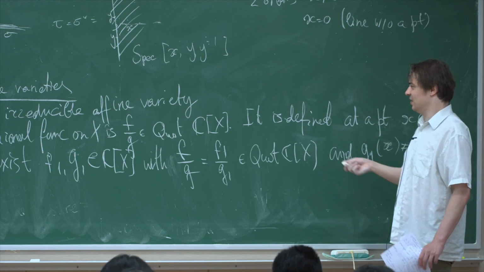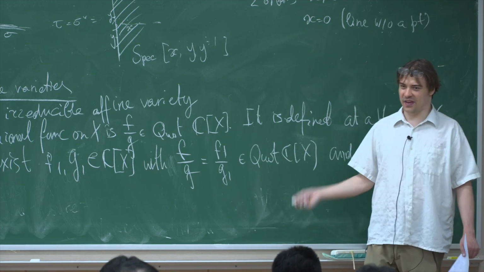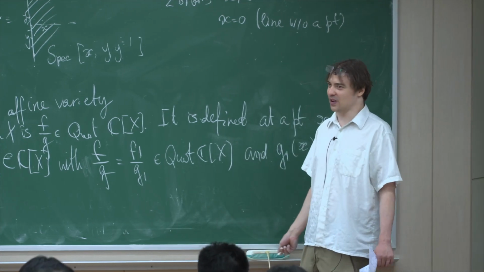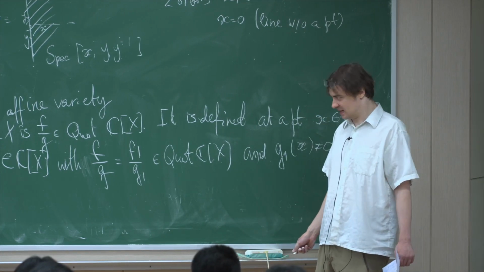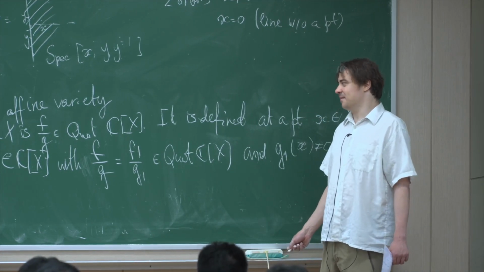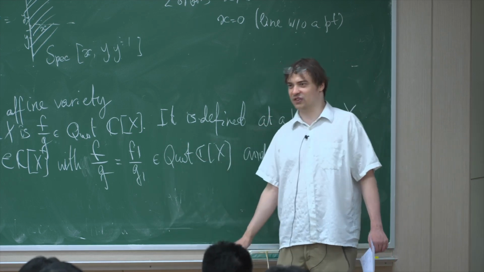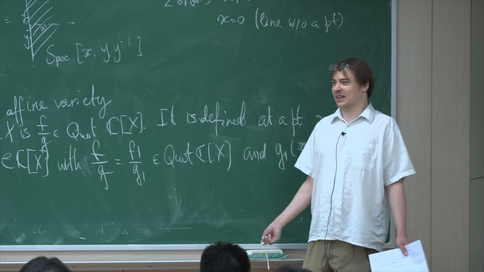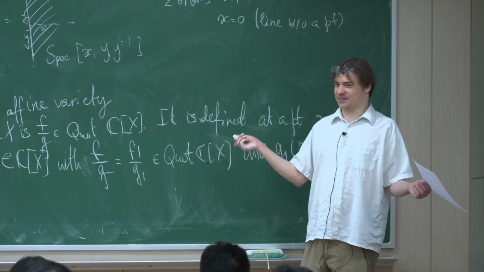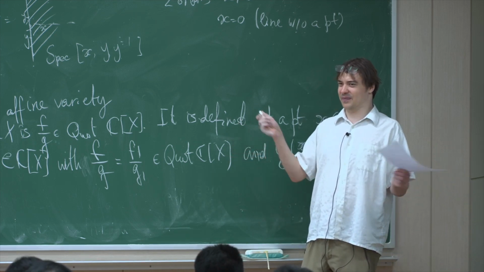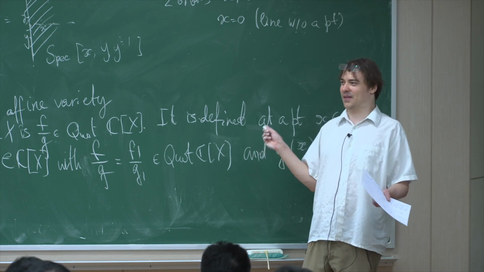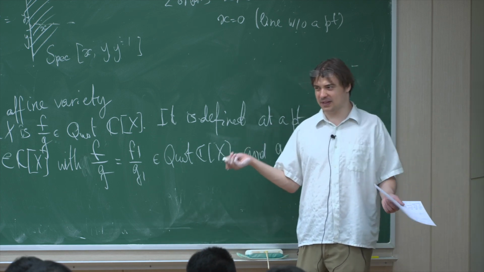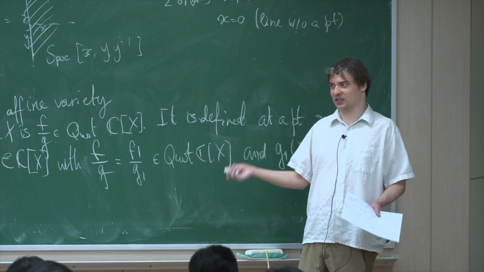So why do we say there exist f1 and g1? Because we don't necessarily assume that there is unique factorization. And if there is no unique factorization, then we cannot say, let us simplify the fraction in the maximal possible way. We can do this with numbers, but we cannot do this if we don't have unique factorization.